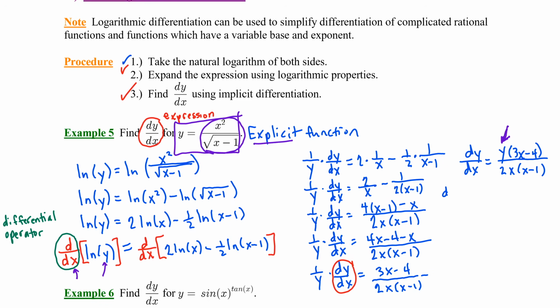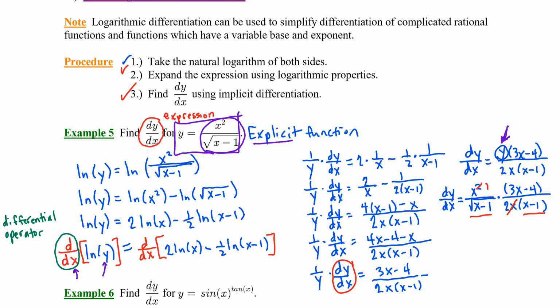So we have dy over dx equals, now I'm replacing y with its original expression in x, that was x squared over the square root of x minus 1 times 3x minus 4 over 2x times x minus 1. So notice one of these x's will cancel that exponent there, and we have x minus 1 to the 1/2 power times x minus 1 to the 1st power.